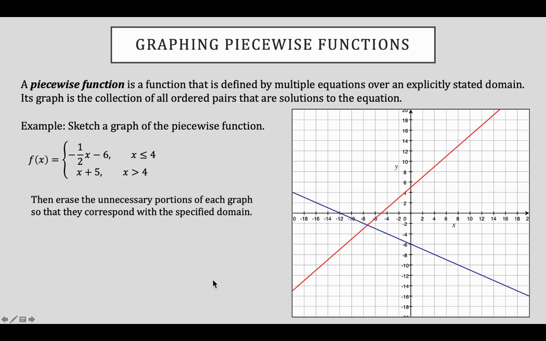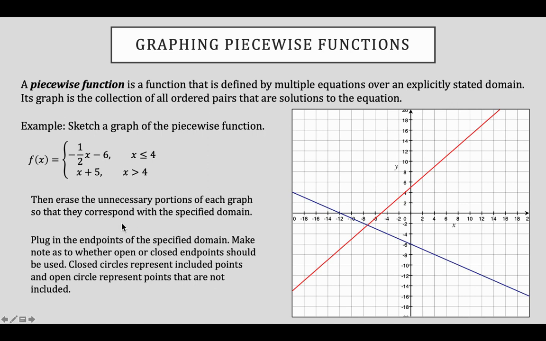Now, one thing that will also help you is to plug in the endpoints of the specified domain. This is going to help us in plotting another point. And you will have to determine whether or not that endpoint is going to be an open circle or a closed circle. Closed circles represent included endpoints, and open circles represent points that are not included.